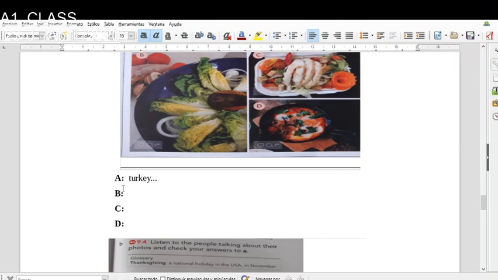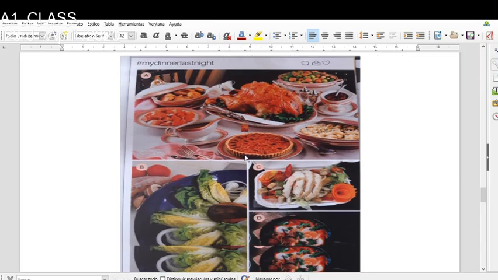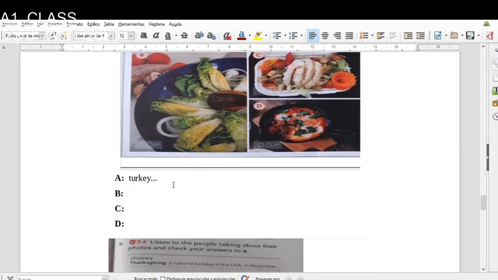Well, exercise A, picture A, then we can see a turkey. This is for Thanksgiving. Acción de gracias, very typical. Then we have a turkey. What else can you see? Brussels sprouts.